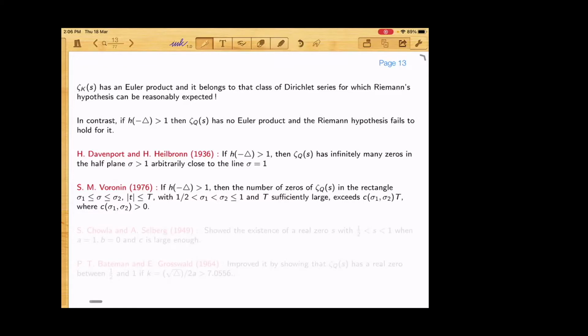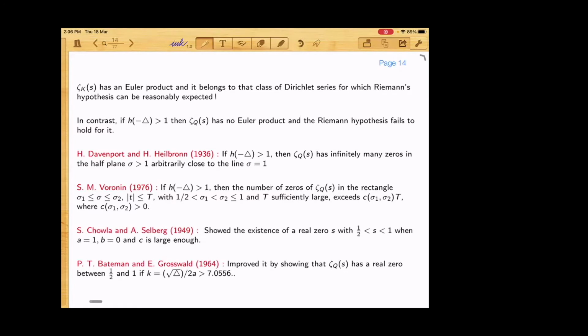And Voronin in '76 showed that in the critical strip between half and 1, there are at least T zeros in a box of height T. Chowla and Selberg showed the existence of a real zero between half and 1. And Bateman and Grosswald improved it in this way, that if k is bigger than this, then there is a zero between half and 1.